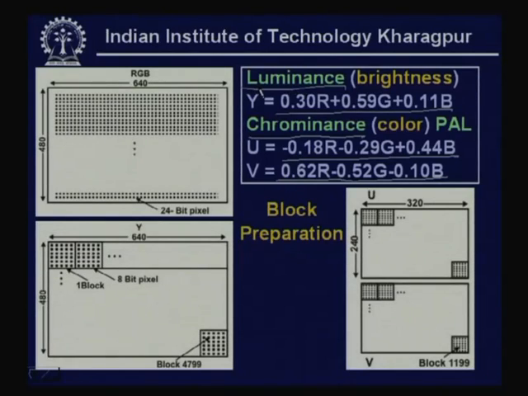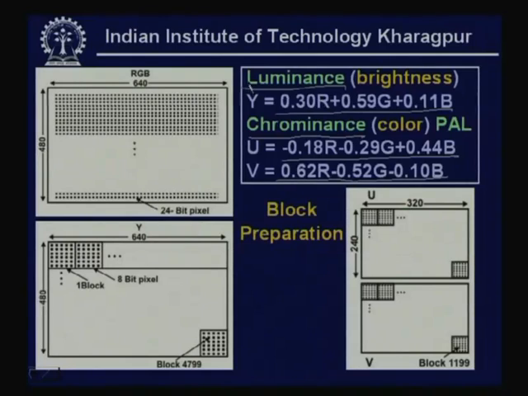This conversion to luminance and chrominance has another benefit. It makes it compatible with black and white technology. For example, if the luminance component is sent to a black and white receiver, we shall get the black and white picture corresponding to a color picture.